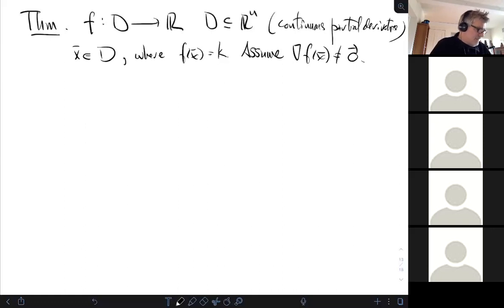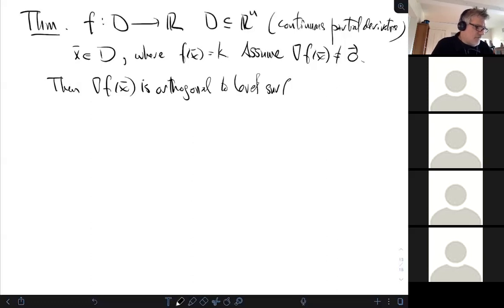Then what we're going to say is that the gradient of f at this point is orthogonal, perpendicular, to the level surface, the set of all surface containing x bar.